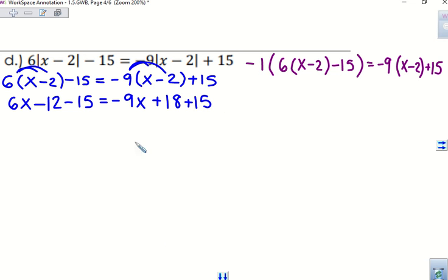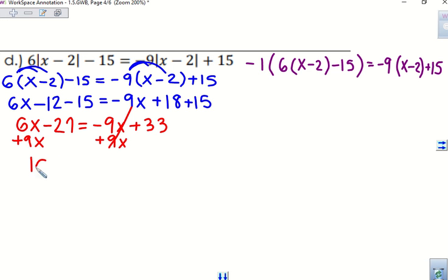And then we're just going to simplify by combining like terms. We're going to add 9x to both sides. That gives me 15x equals, I add 27 over, I get 60. So x equals 4.